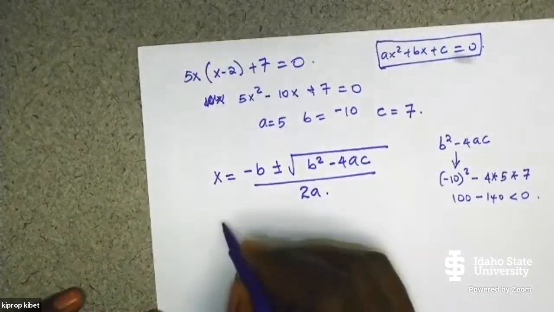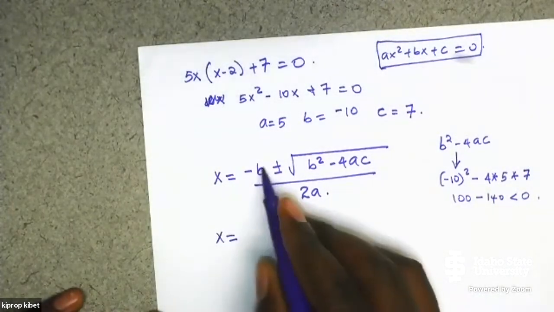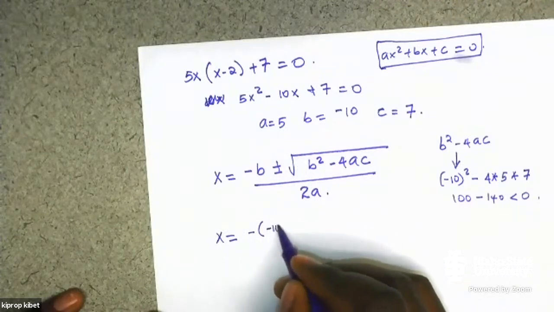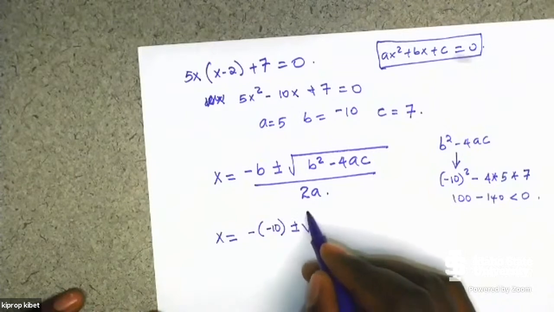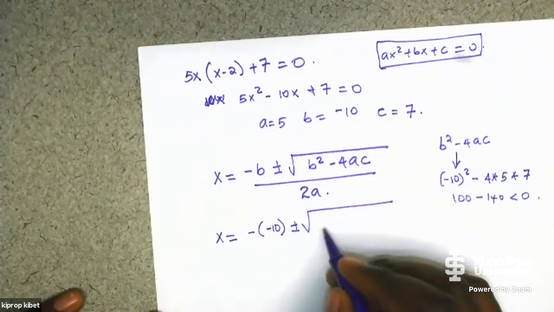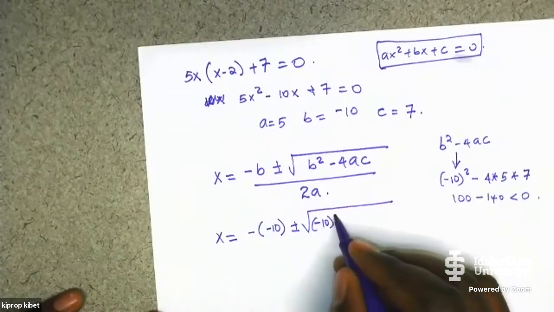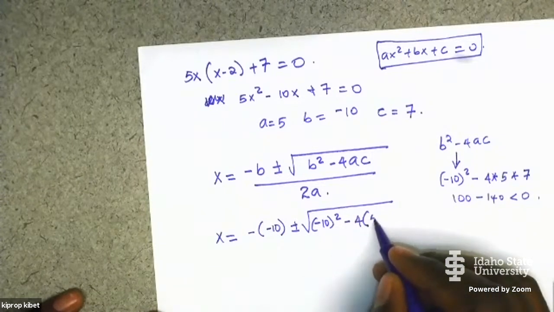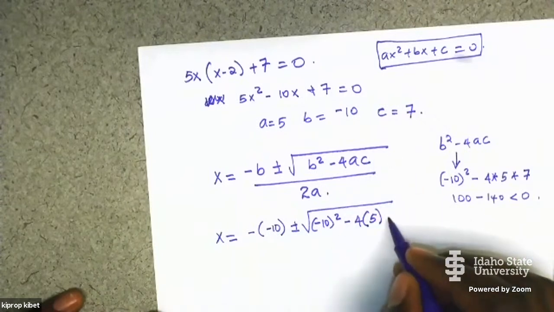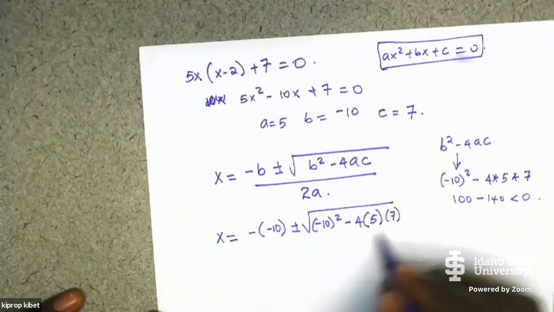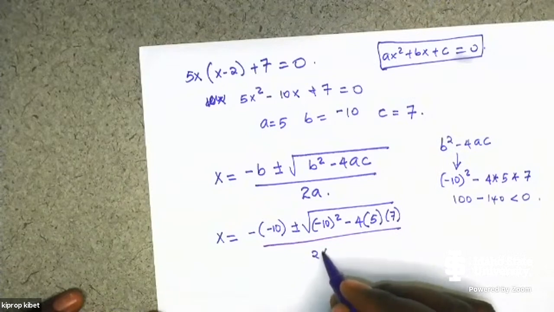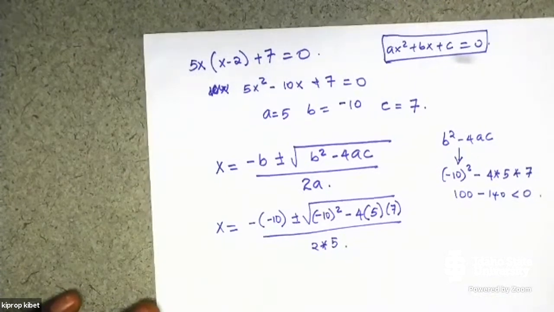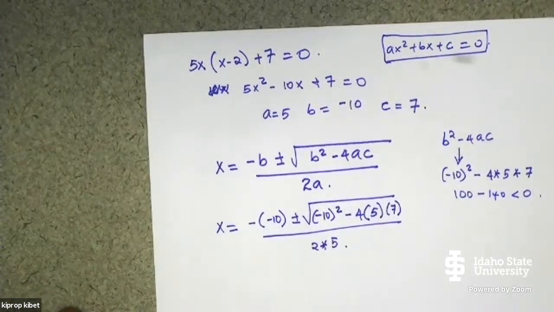So our x equals minus b, and our b is minus 10, plus or minus the square root of b squared, which is minus 10 squared, minus 4 multiplied by a, which is 5, multiplied by c, which is 7, divided by 2 multiplied by a, which is 5.